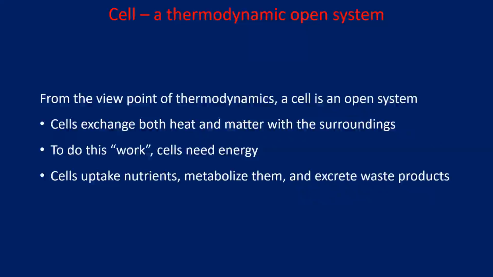You can consider a cell as a thermodynamic open system. Since it's an open system, it will exchange heat and matter with its surroundings. In order to have this exchange, it will do some work, and if the cell is doing some work, it will require some energy.